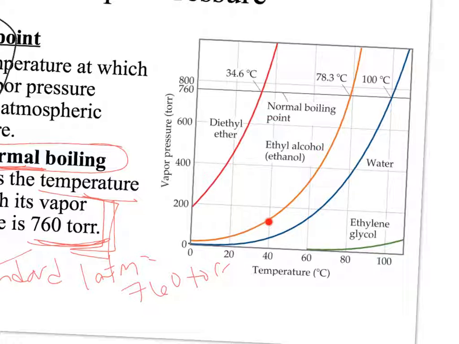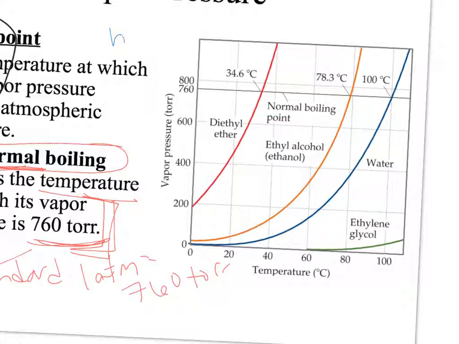So what that says to me is that the intermolecular forces holding water together are much stronger than the intermolecular forces of diethyl ether. So water, because its vapor pressure is lower, has much stronger intermolecular forces than the diethyl ether. The diethyl ether, which has weak intermolecular forces and therefore a higher vapor pressure, is going to have a much higher volatility.